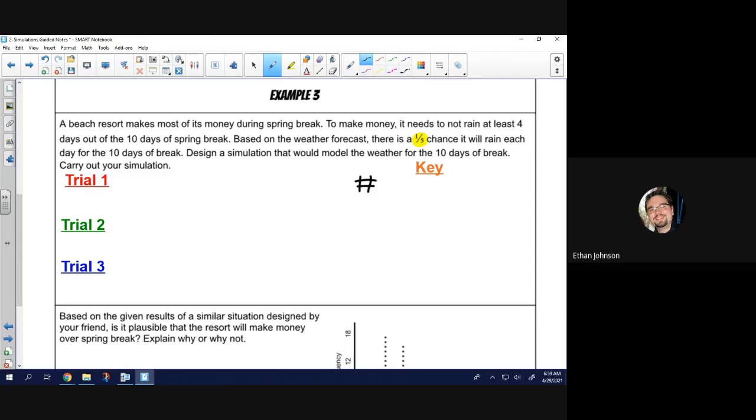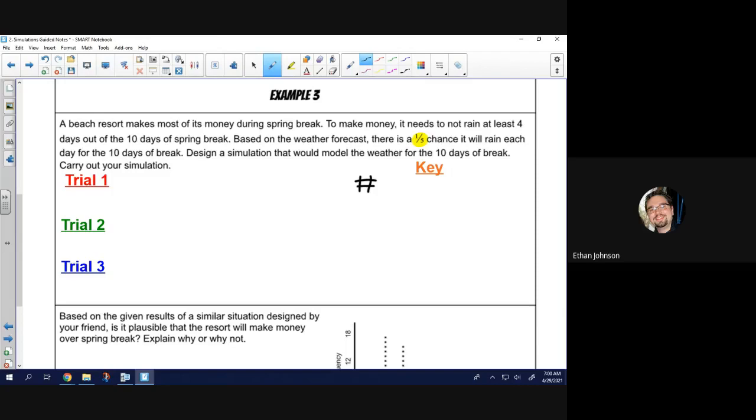So, that top number tells us how many successes, just like a probability. So that means one day it will rain. So it says there's a 1/5 chance that it will rain. So one day means rain. So we get to decide what number we want to be rain.